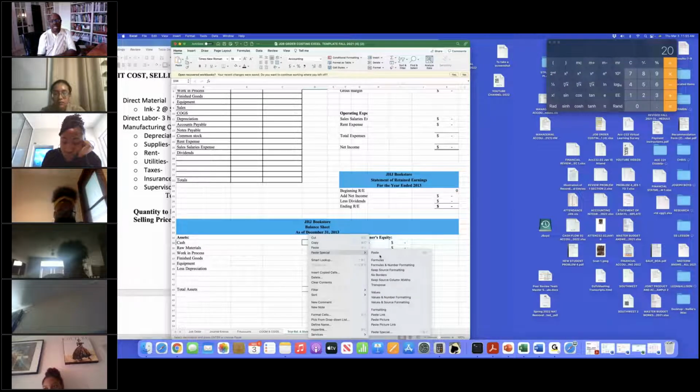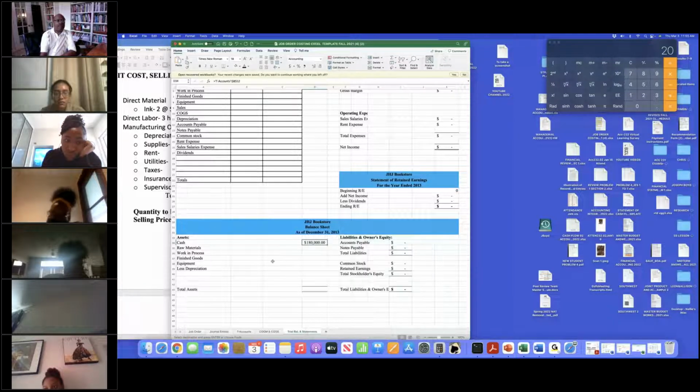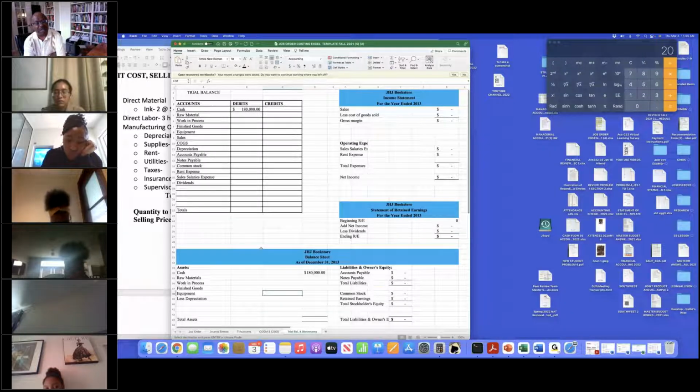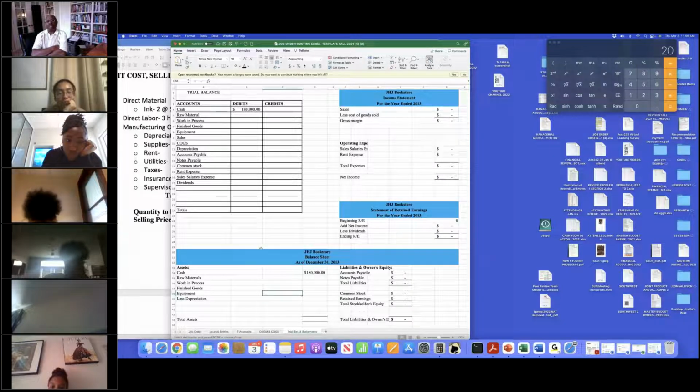Hit paste link again. So everybody see that? When I went to my balance sheet, it was already put there for me. Is that supposed to happen? Yeah, that will happen because the spreadsheet has some of those already in there. So if you can see if it works for you, you can clear. It's probably best if you just clear contents and do all of this yourself.